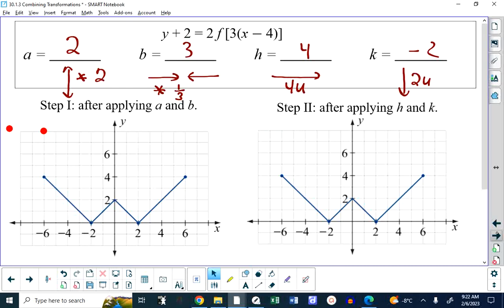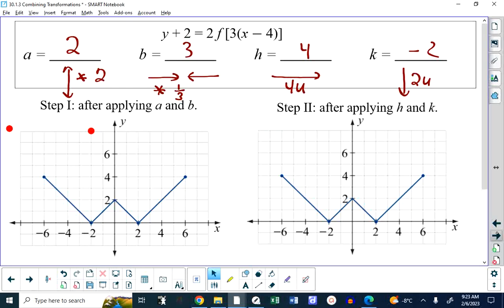I double that to get 8 away from the x-axis in terms of a vertical change. And now I'm going to look at the horizontal aspect. That point is horizontally measured to be 6 units away from the y-axis. If I stretch that horizontally by a third, it's only going to be 2 units away. So this point, after stretching it vertically by a factor of 2 and horizontally by a factor of a third, lands there.